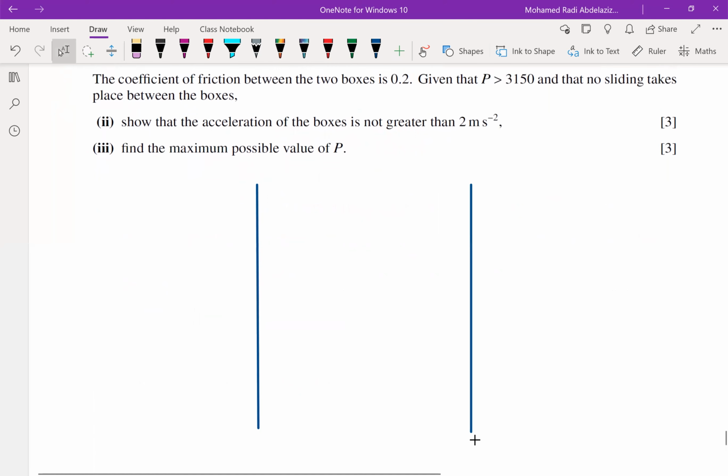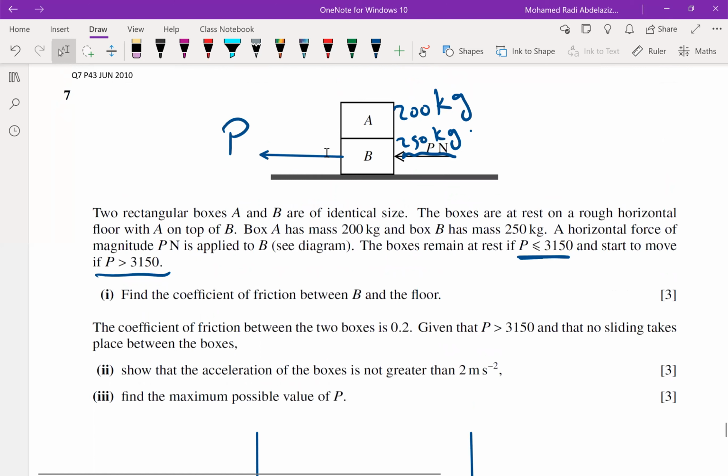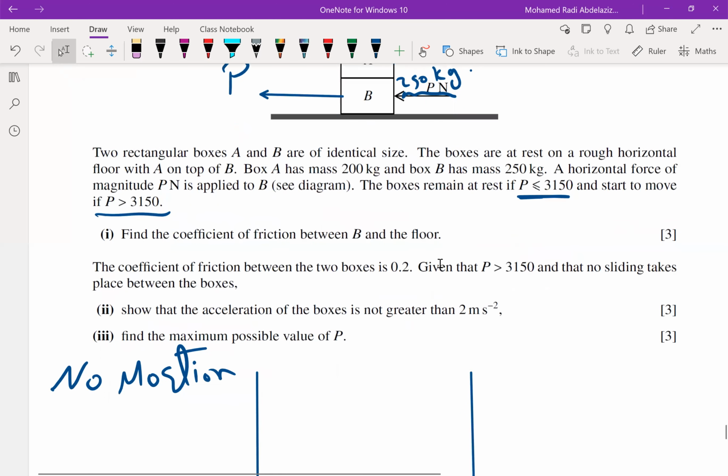In the first part, when we act by a force P, the system is still not moving, so there is no motion, because the value of P is less than or equal to the frictional force.